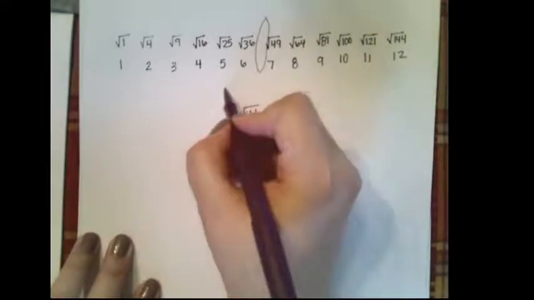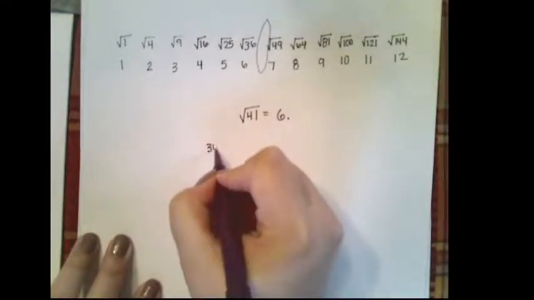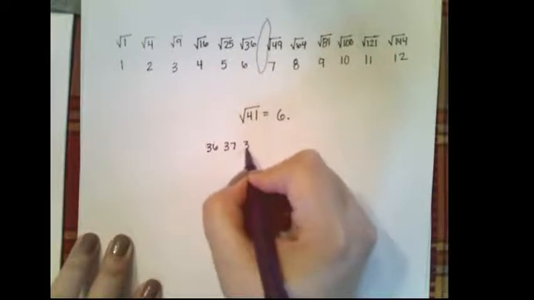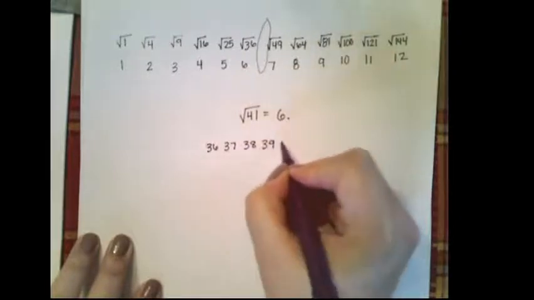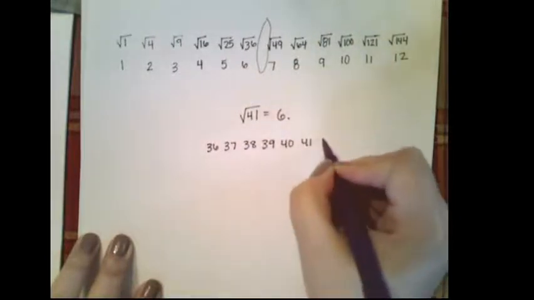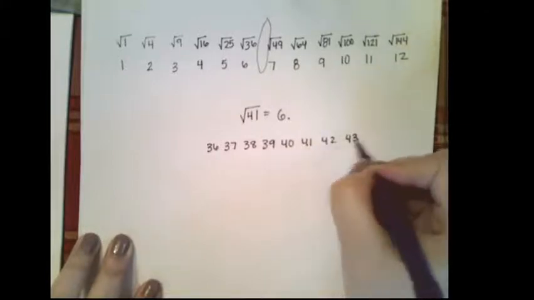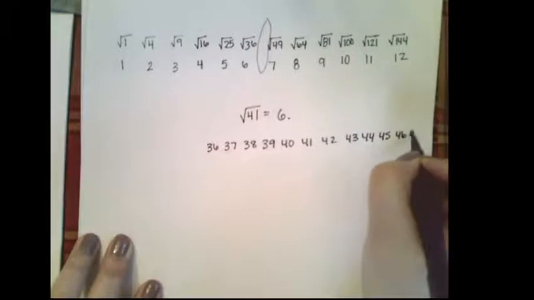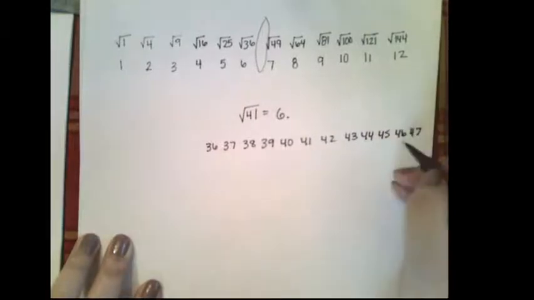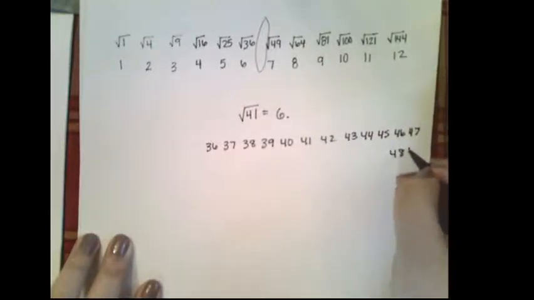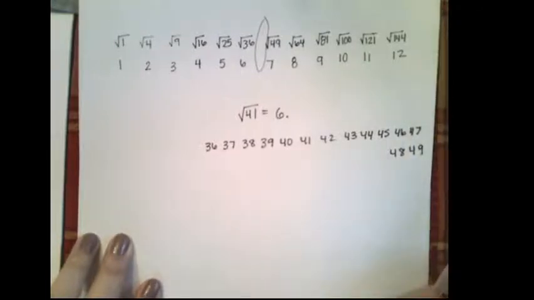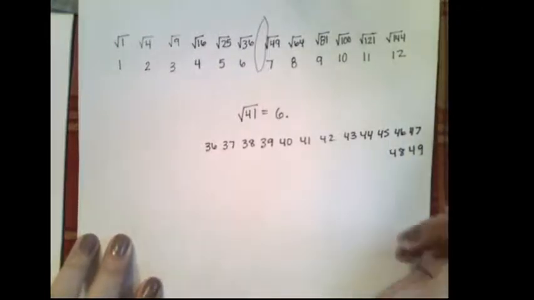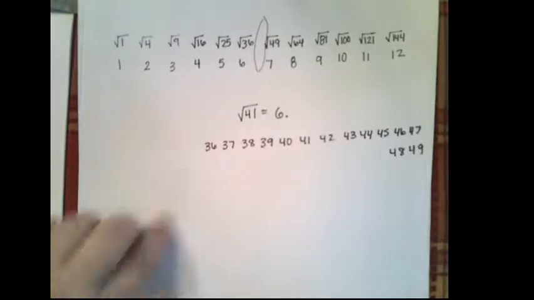So if I list these numbers, 36, 37, 38, 39, 40, 41, 42, 43, 44, 45, 46, 47, 48, 49, I need to look for the middle of these numbers, because that's going to be the middle decimal.